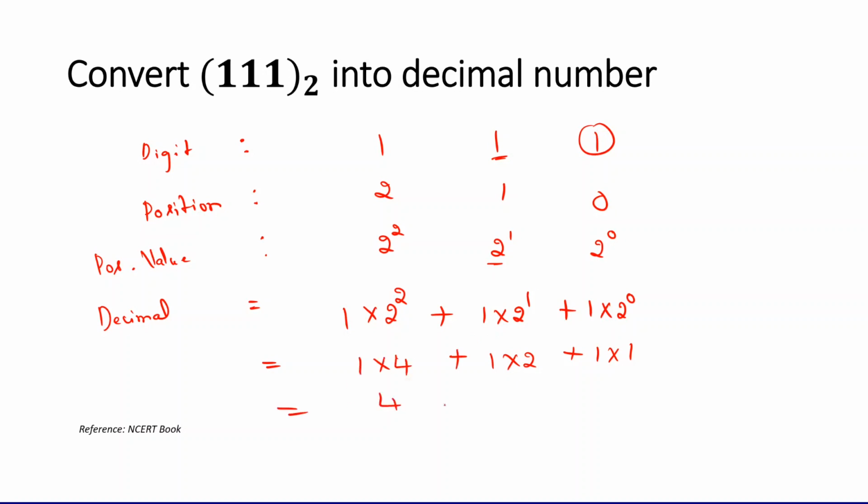So now 4 plus 2 plus 1, the final value is 7, which is base 10. So 111 in binary is equivalent to the number 7 in the decimal number system.